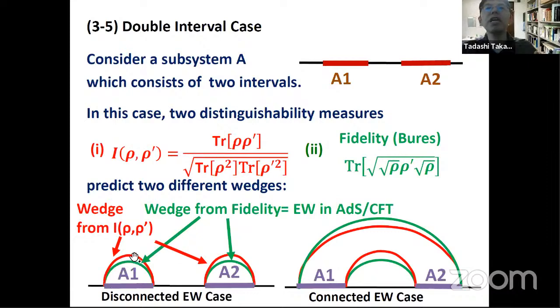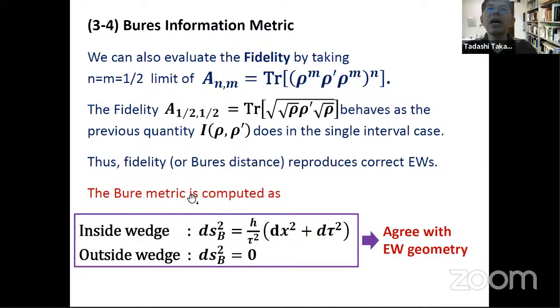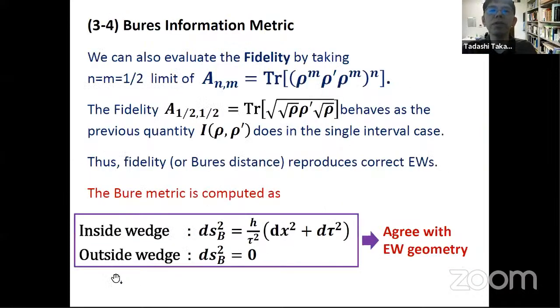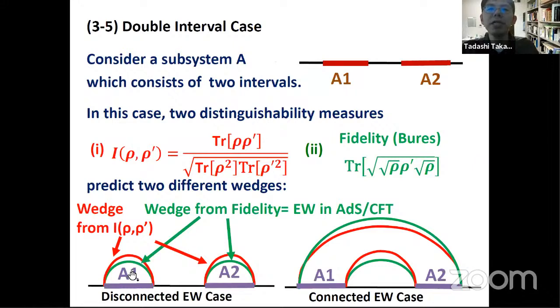This deviation doesn't happen in the single interval case, but only in the double interval, more complicated case, and it's very small. Anyway, the topology is the same, and only small deviations can be seen for this first measure. But if we look at the genuine fidelity, they're precisely the same. We can see this green curve, which comes from AdS/CFT, also agrees with the fidelity calculation.